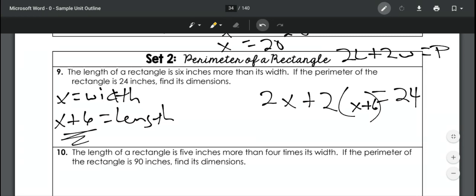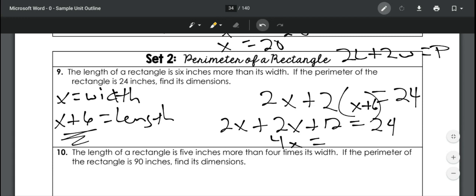And now we have 2x, and then we just solve it. And then I'm going to do the distributive property. And then I'm going to put 4x together, and I'm going to minus 12. So I'm going to get x equals 3. So we have the width is 3, and then we do 3 plus 6, the length is 9.